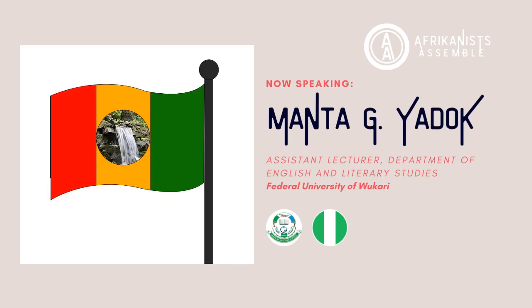Then secondly, the color yellow is for the warmth of the African man. The African man is a very communal man, very receptive to our kinds and forms of entertainment. Then thirdly, the color green represents the geographic nature of the African man.